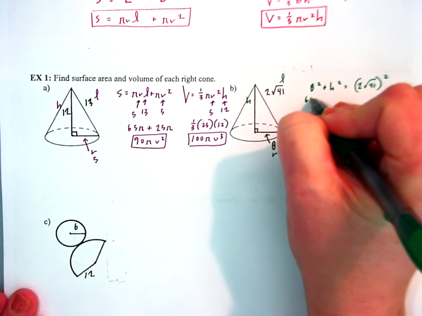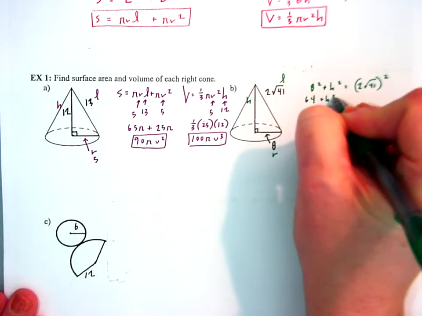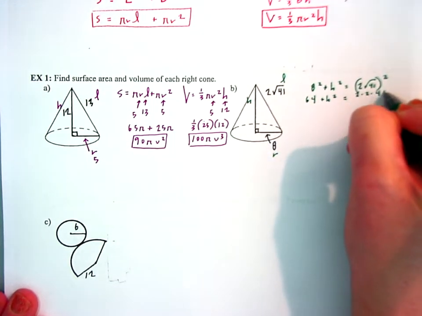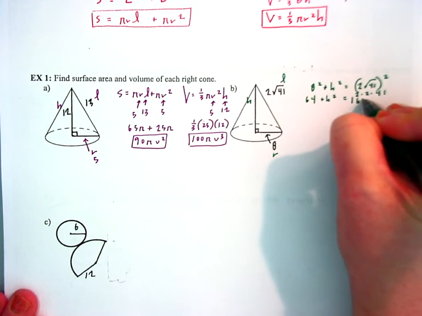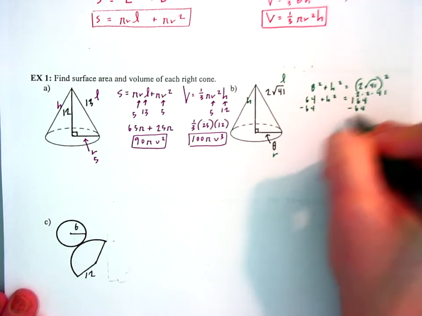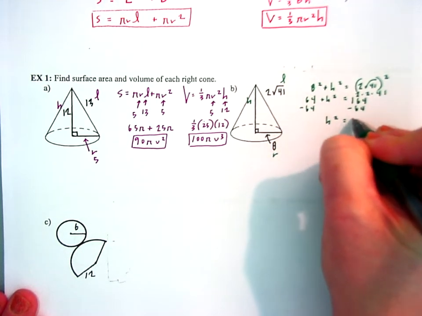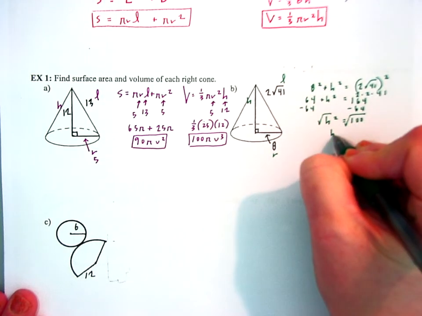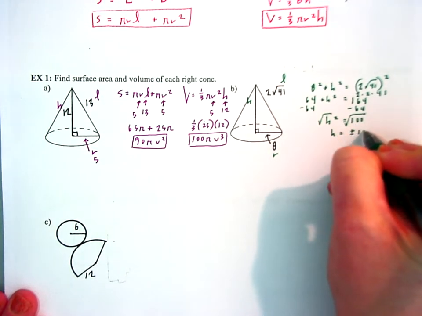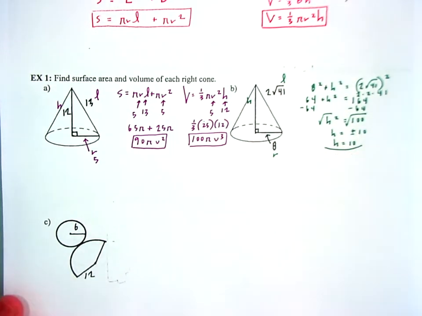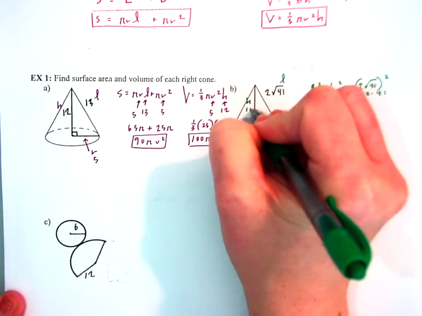So 64 plus the height squared equals, well, that's 4 times 41, so 164. Take away the 64 from each side. The height squared equals 100. Take the square root of each side. Well, the height could be plus or minus 10, but we're only interested in the positive. So the height has to be 10.